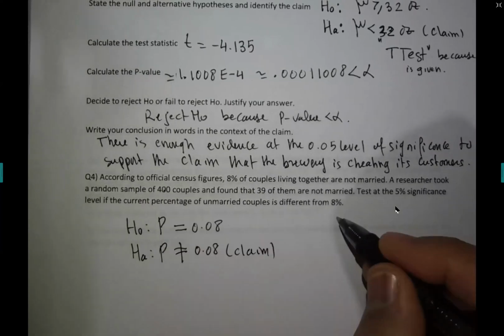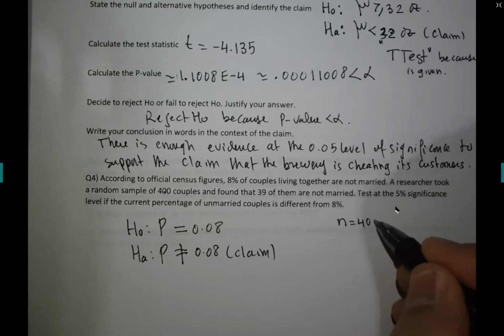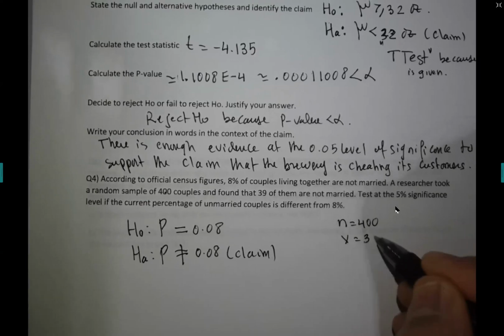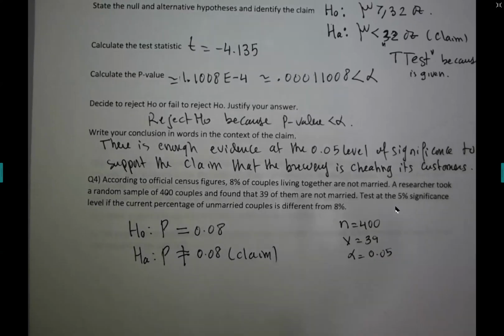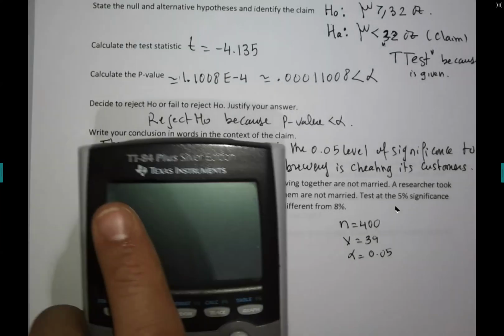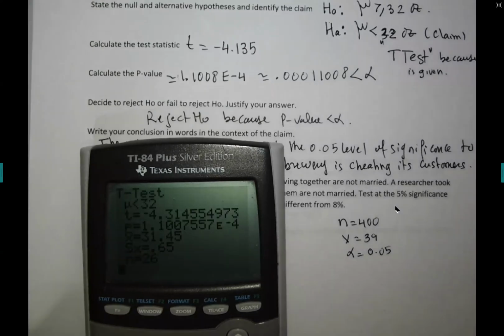Okay, n is 400, x is 39, and alpha is 0.05. You see, guys, here there is no x-bar and there is no s, so you cannot use a t-test or z-test. It must be a proportion test. Okay, let's do it. Stat.